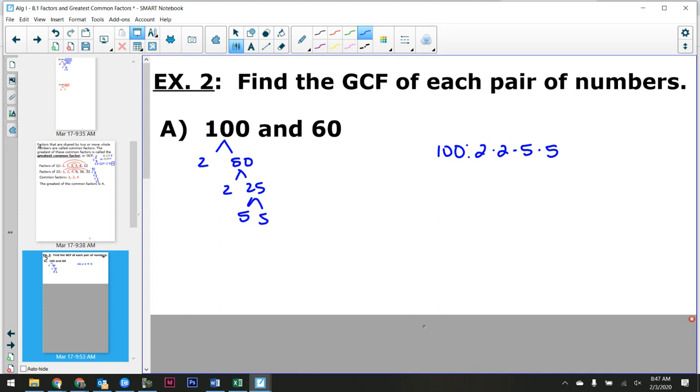Okay, now let's take a look at 60. That's 2 and 30, 2 and 15, 3 and 5. Is everybody following me there? So the prime factorization of 60 is 2 times 2 times 3 times 5.